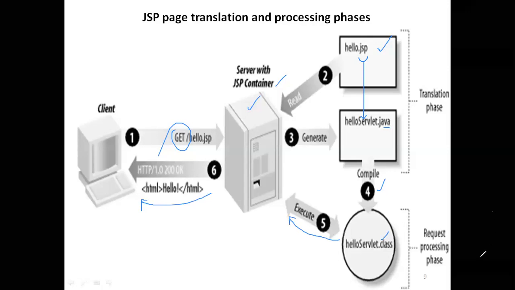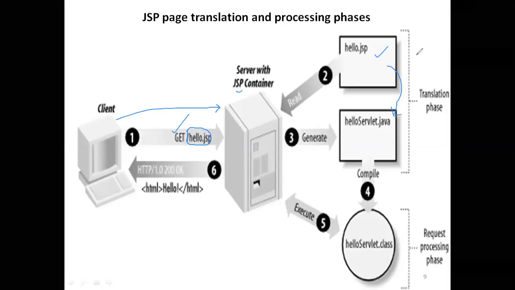I would like to reiterate what I am telling. In step number 1, as I told in the previous class, if you have an HTML page with the action hello.jsp and the method which is the get method, the request comes from the client to the Tomcat server where your JSP container is running. This JSP page will then be translated into Java code, and it becomes a servlet. This phase is called the translation phase.